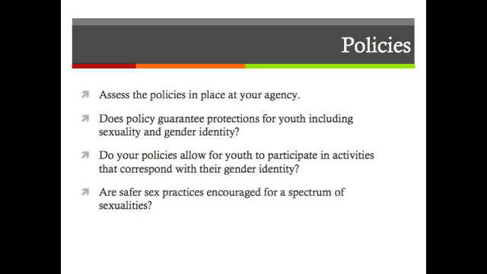Do your policies allow for youth to participate in activities that correspond with their gender identity? So despite a youth's biological sex, are they allowed to go with what their gender identity tells them to do?